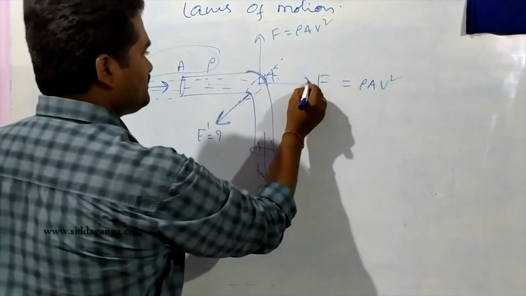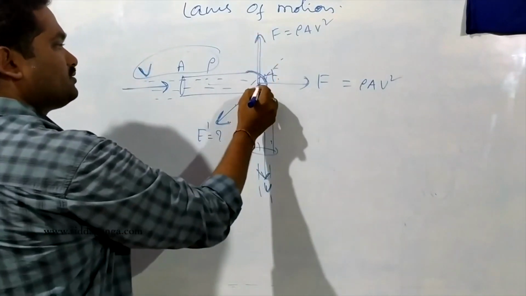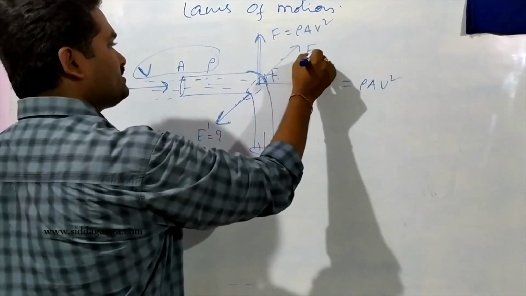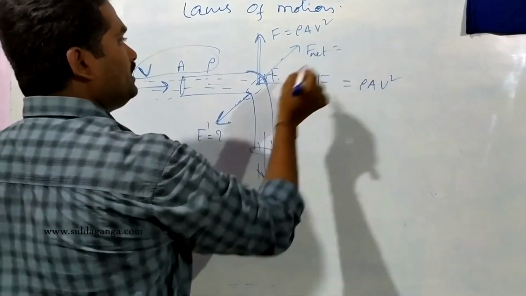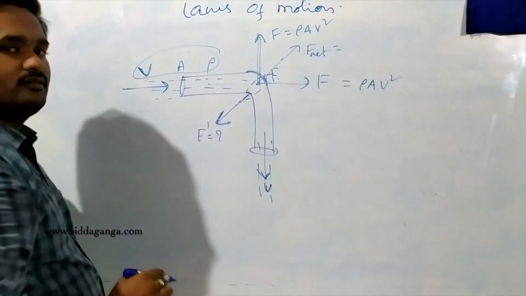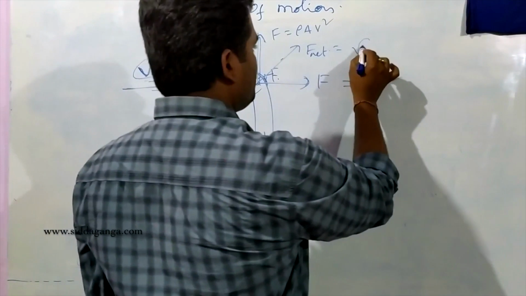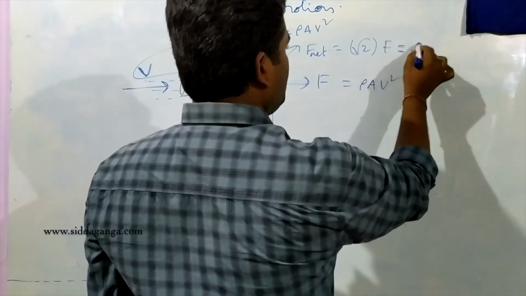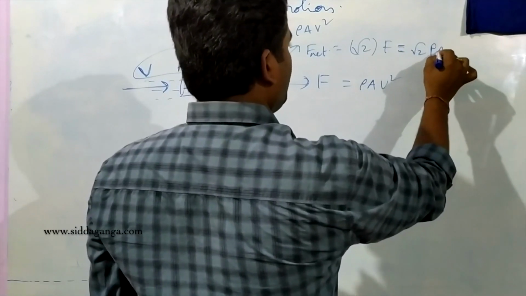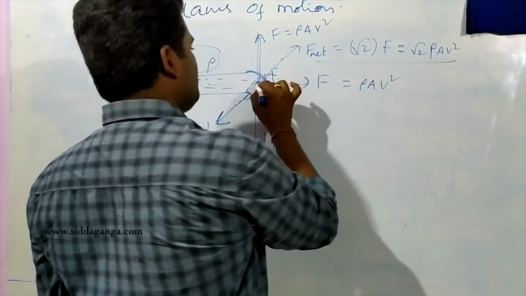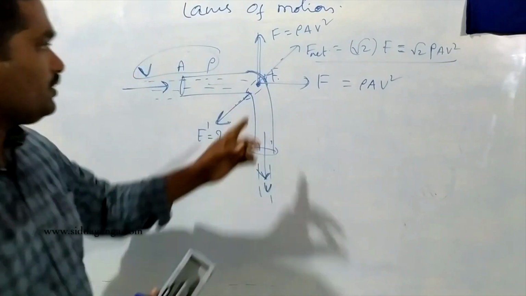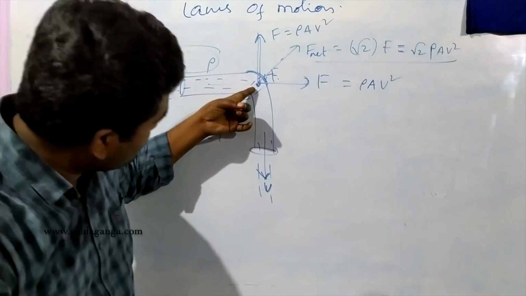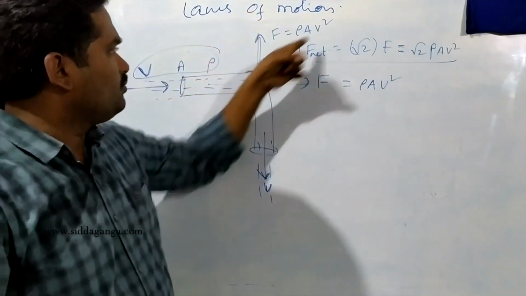These two are the forces which are acting at this particular point. So what is the net force acting in this direction? F net will be equal to, these two are perpendicular, then root 2 times F you have to consider. Root 2 into F. F is how much? Rho A V square. That's why root 2 into rho A V square is the net force that is going to be acted. See, if you won't clamp it, this force makes this pipe move away.